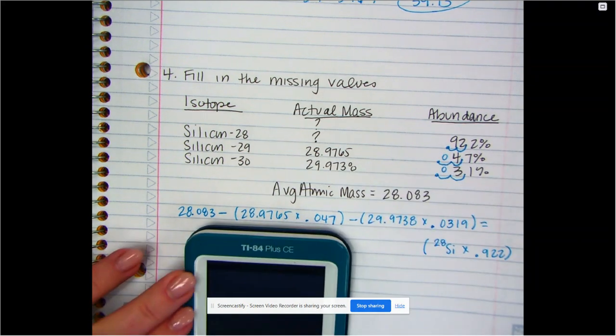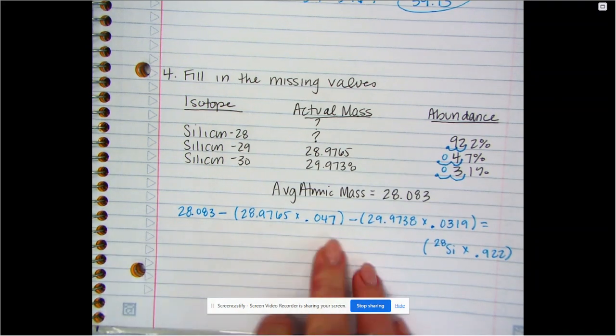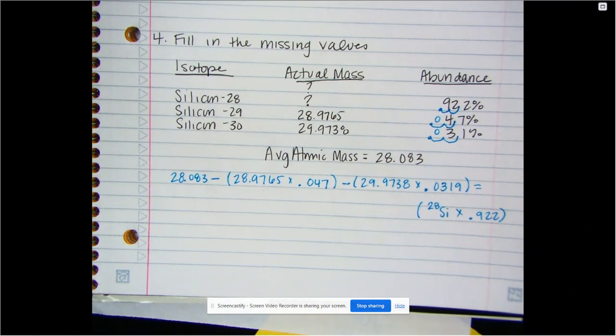So on my calculator, I'm going to do this off camera and then I'll move it up here because of the glare. 28.083 minus, parentheses, 28.9765 times 0.047 minus 29.9738 times 0.0319. And that gives me, oh, hold on, I typed something in wrong.